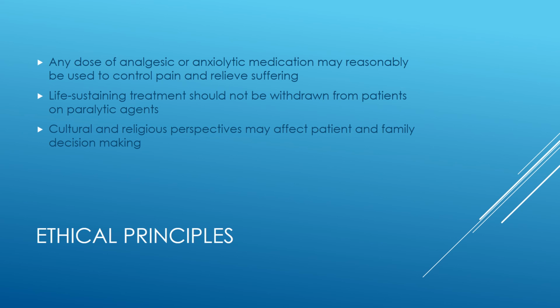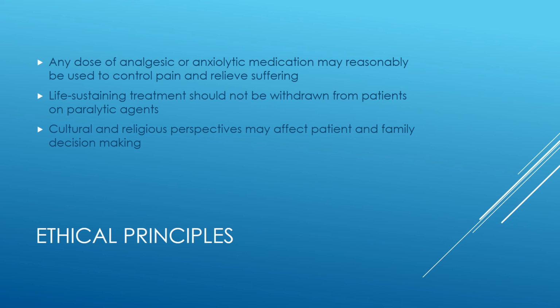Ethical principles: any dose of analgesic or anxiolytic medication may be reasonably used to control pain and relieve suffering. Most facilities have protocols for palliative care or an order set that the physician fills out. So you can give whatever's on that protocol. If something's not working on the protocol, you need to let the physician know so something can be changed.